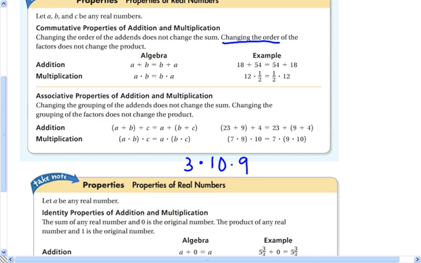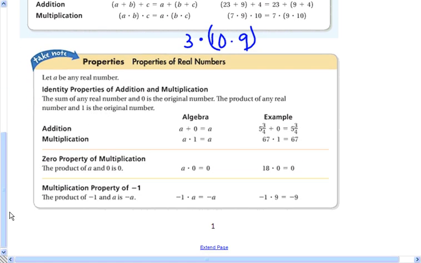Normally you would do that in order from left to the right, and you would do 3 times 10 first and then times 9. But if you want, you can do 10 times 9 first. It's not going to change the product, which is 90, and then multiply that by 3. And you'll get the same result. So you can either do 30 times 9 or 90 times 3.